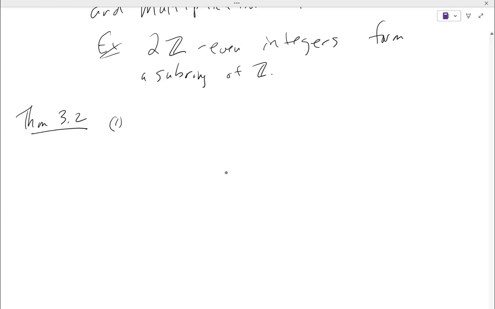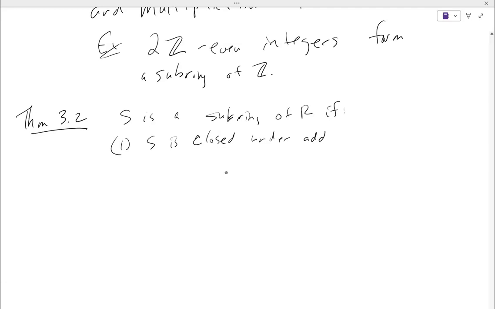Sorry, I started writing the conditions before I wrote it down. When we say that S is a subring of R, if one, S is closed under the operation, under addition, same addition as R. Two, S is closed under multiplication.